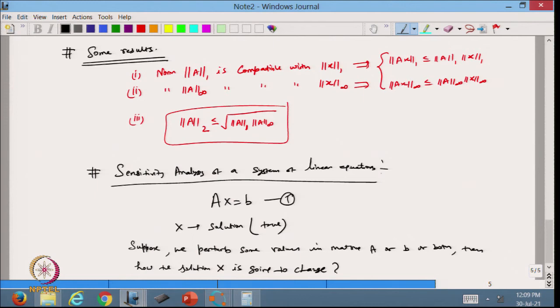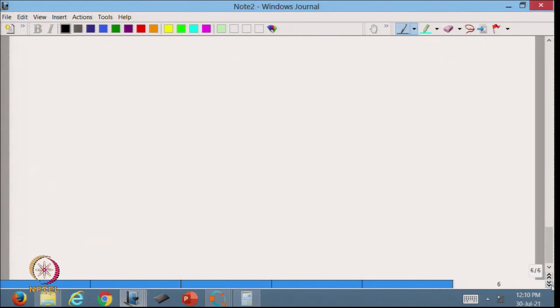So, this one we want to see: what is going to happen when we make a small change in the given matrix or on the right hand side.